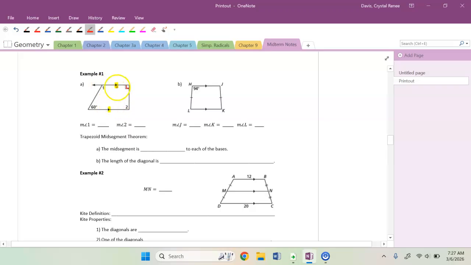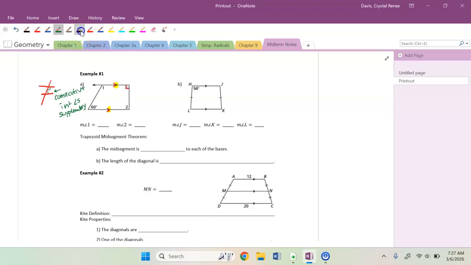So if I think about these two sides being parallel, and then if I draw this transversal here, what we've learned before is that this angle and this angle are consecutive interior angles. That was back in chapter 3, and when lines are parallel, consecutive interior angles are supplementary.